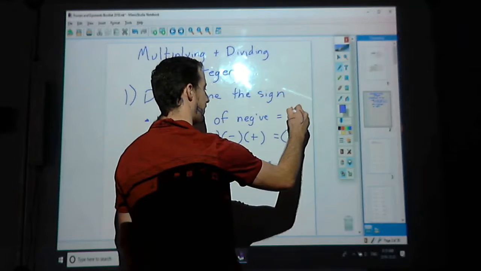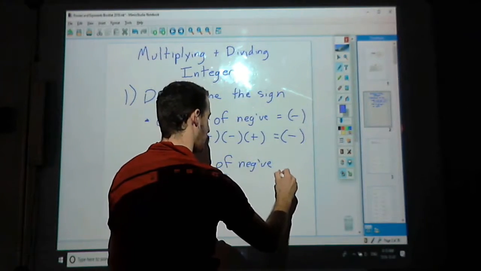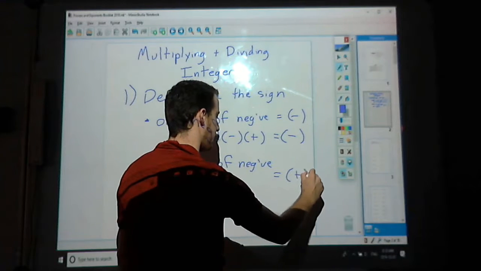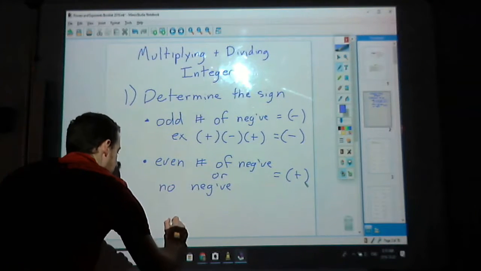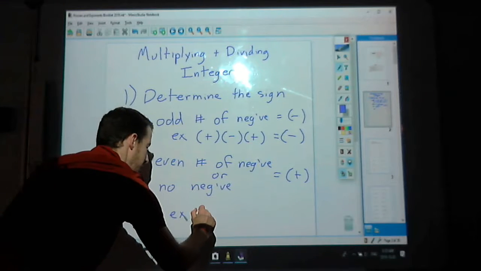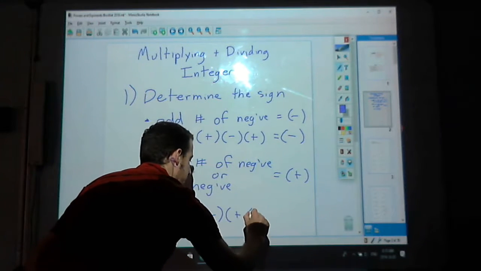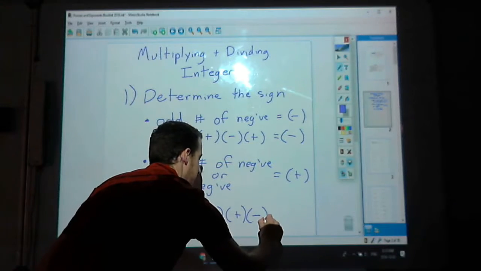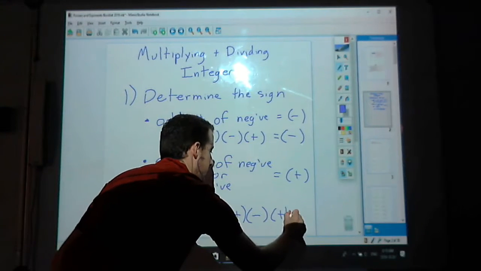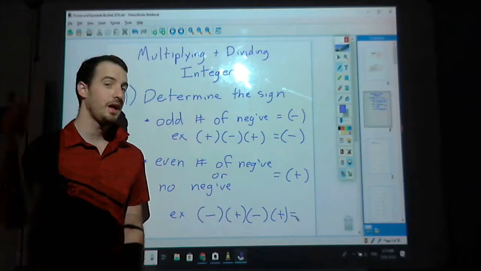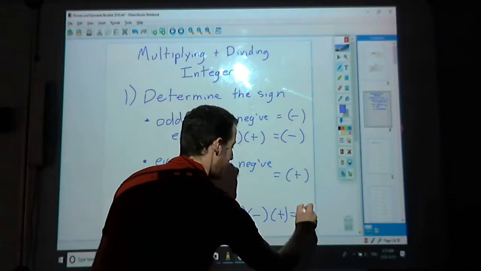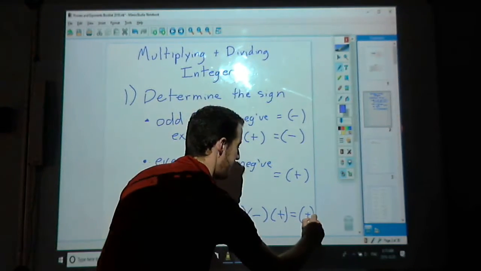Equals negative, sorry, I should add that. And both of these equal a positive. So an example could be a negative times a positive times a negative times a positive. That answer will be positive. Great job, guys. Awesome.